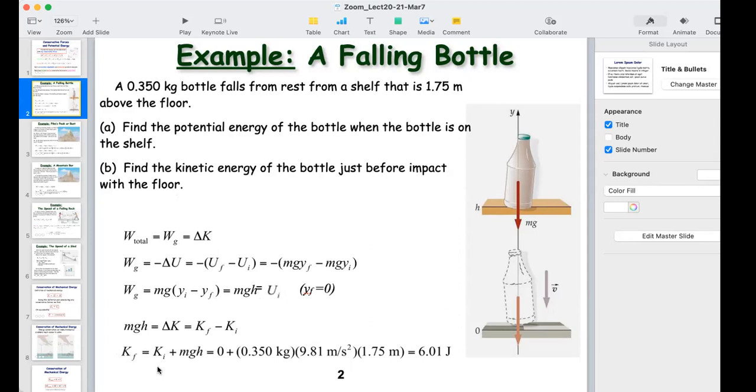Why is K initial 0? Because at the beginning the bottle doesn't have any velocity, so the initial velocity is 0 and this goes away. I don't know if it's clear for you.